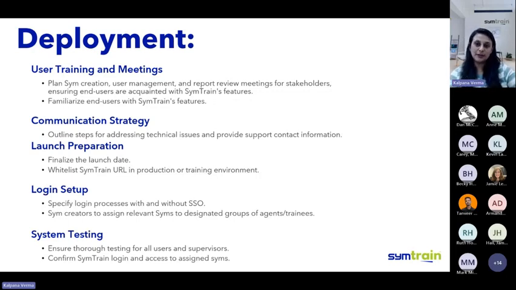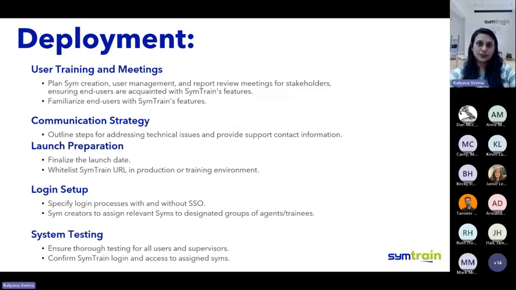once you have identified your stakeholders, your sim creators, your managers, your trainees, your trainers, you want to go ahead and give them proper training. If it's a sim creator, you may want to give them sim creation training. If it's ops people, you want to show them how to do user management, how to check the reports, so that they can track the performance on a day-to-day basis.